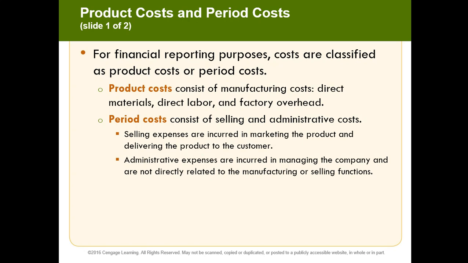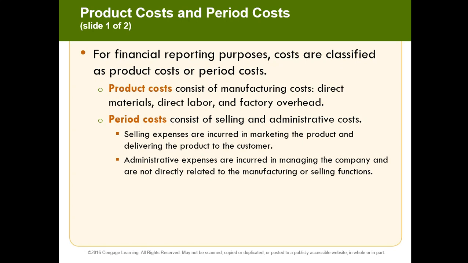So product costs, remember, are anything that goes into getting that product finished. And that's going to be all of your manufacturing costs. And remember, manufacturing costs are made up of those three things: direct materials, direct labor, and overhead. All right, so anything direct materials, direct labor, and overhead, those are your product costs.